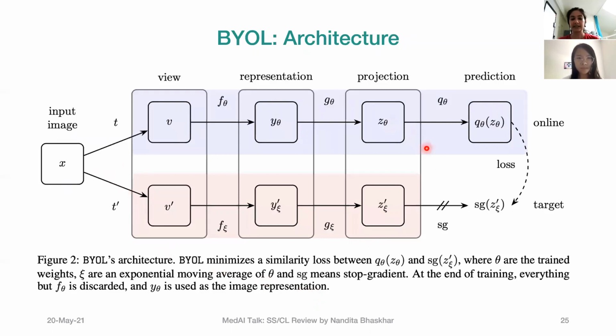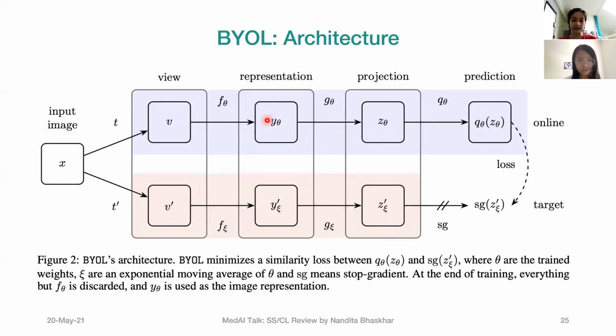As you can see, the Bootstrap Your Own Latent architecture is also very similar to what we've seen so far. You have input images, and then you take 2 sets of views, and you pass them through encoders. It's important to notice that these 2 encoders are initialized with different weights. So they're not the same network, but they are variants of the same network.